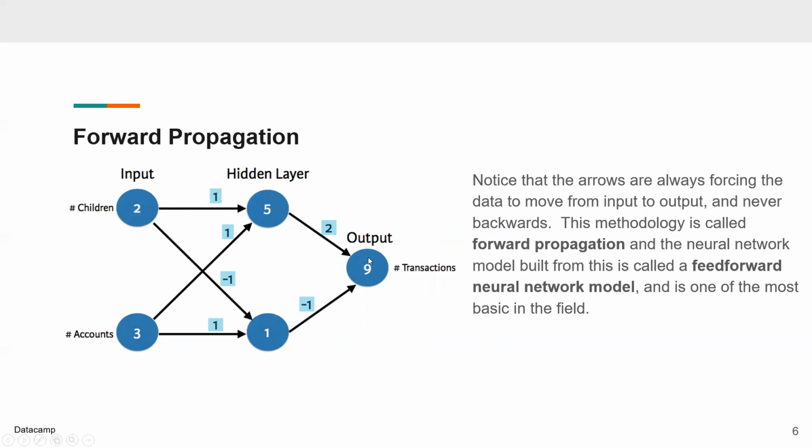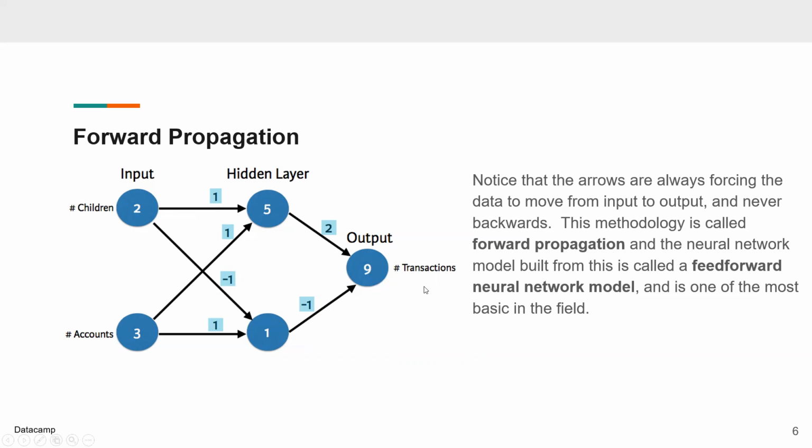And then, as a simple method, you would predict that this person who has 2 children and 3 accounts opening would have 9 transactions every month for the bank transactions. However, if you think about your data, you probably have a label, that Y dependent variable. This type of person may not be having 9 transactions.